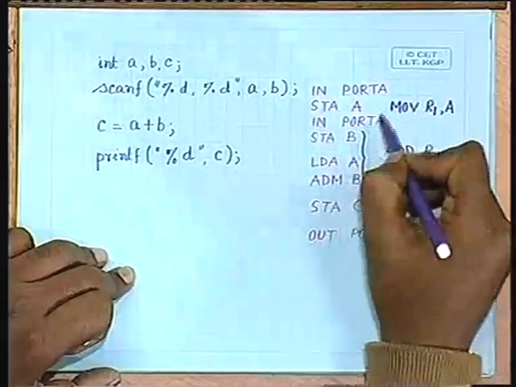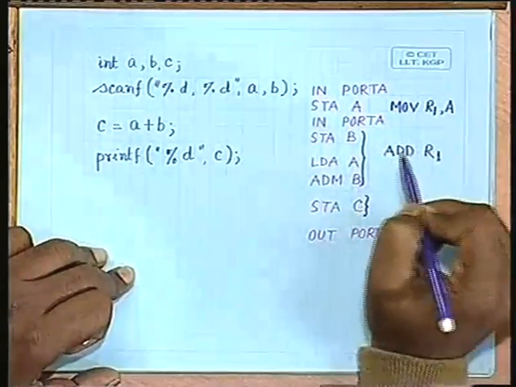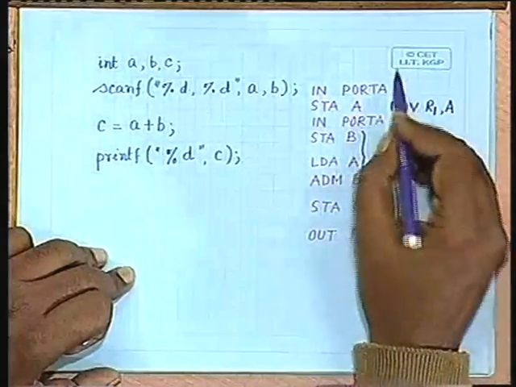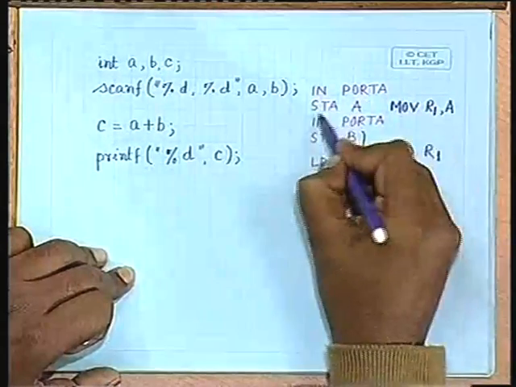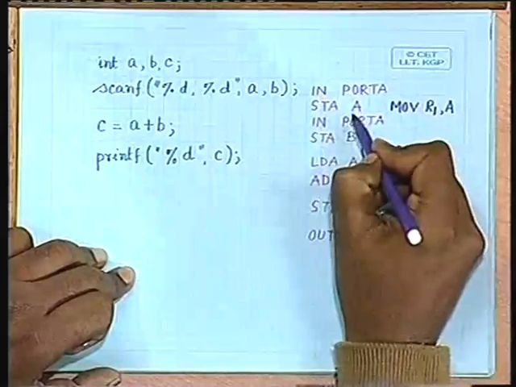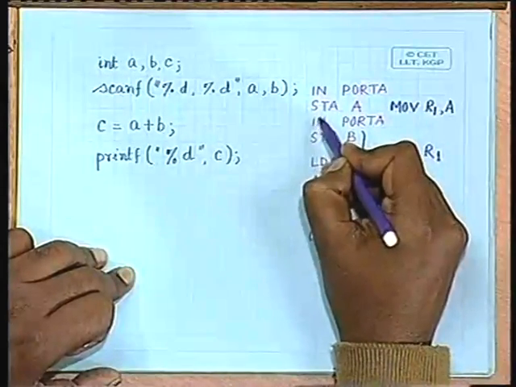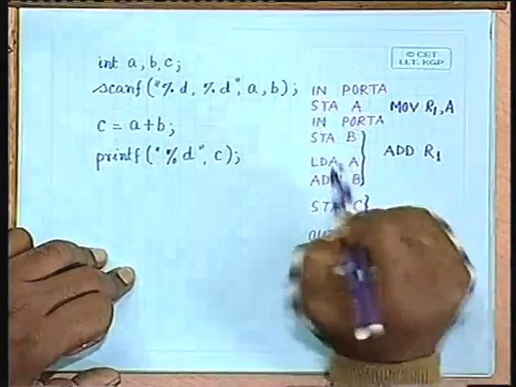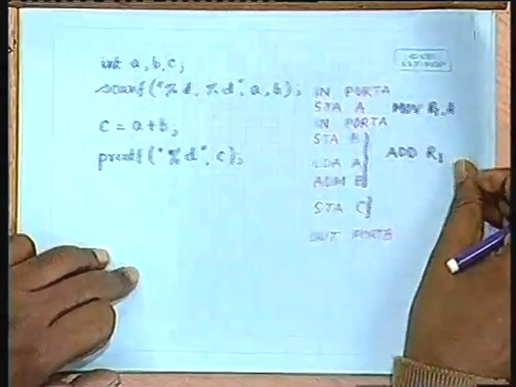Once a particular instruction is executed, then the next instruction has to be executed. So, I must have a resource which acts as a pointer to the next instruction which I must execute. That particular resource in a CPU is called a program counter.